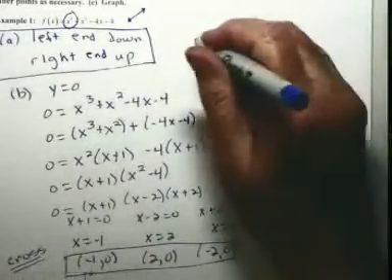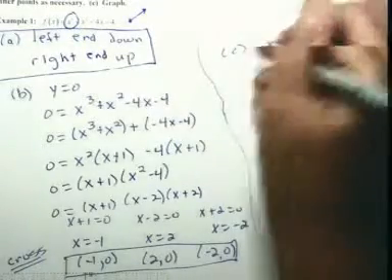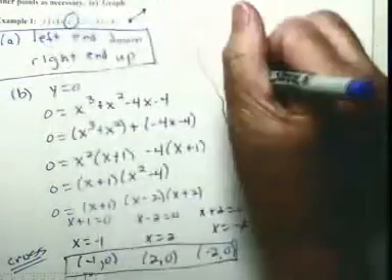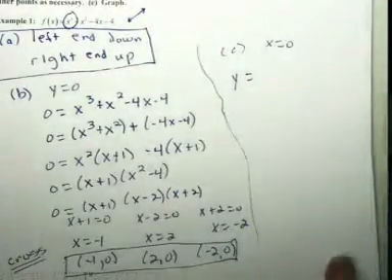Now I'm going to let x equal 0. And instead of f of x, I usually just think of that as y. F of x is one notation, but that is y.